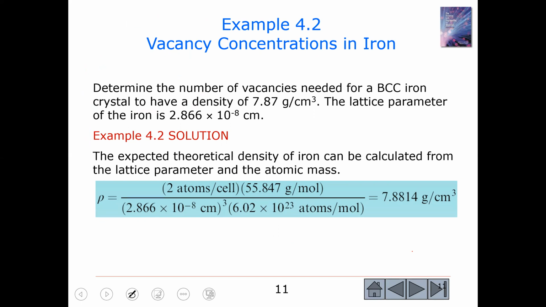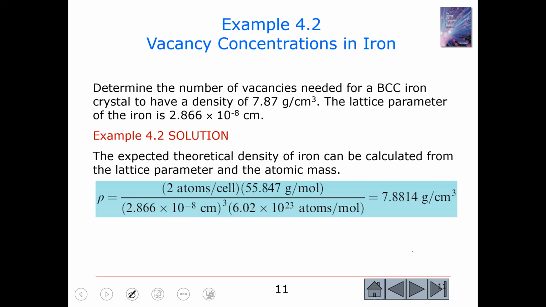Because the definition of vacancy is the absence of atoms, if the atom is absent, it means that the mass is absent, right? And when mass is absent, the density will be lower. So if a material has more vacancies, its density will be lower because the mass is low.